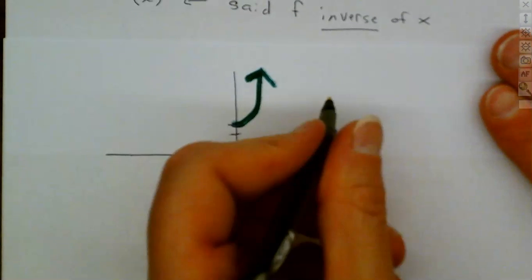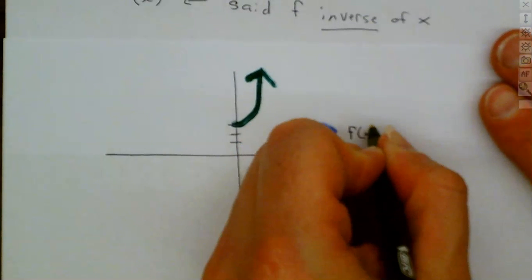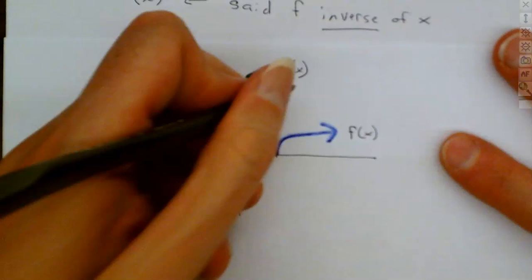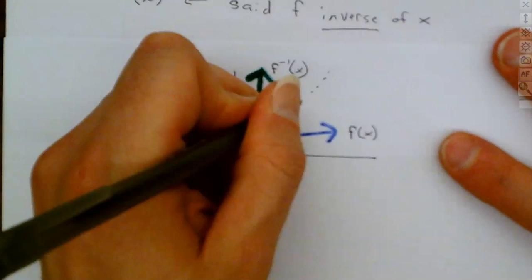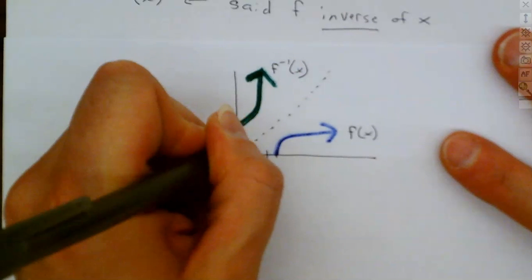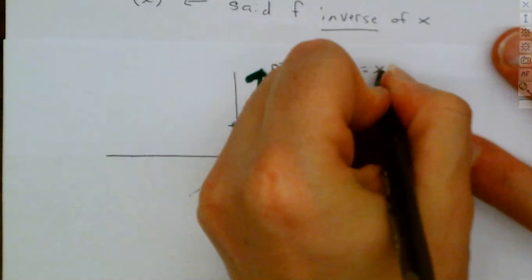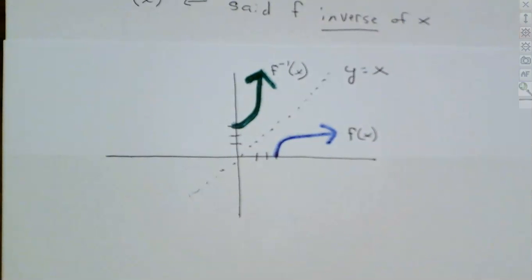So this one, we'll call this one f of x, and this one is f inverse of x. Now, for them to be inverses, they have to be reflectable around the line y equals x.